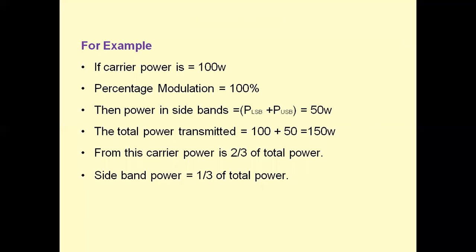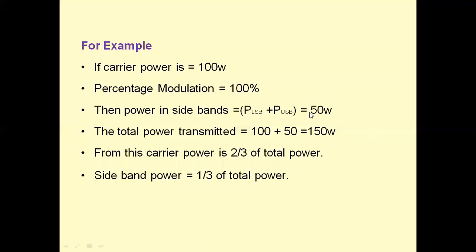Power in the lower sideband is Pc m squared by 4, which is 100 into 1 by 4, 25, plus 100 into 1 by 4, 25. 25 plus 25 is 50 watts. So the total sideband power is 50 watts.